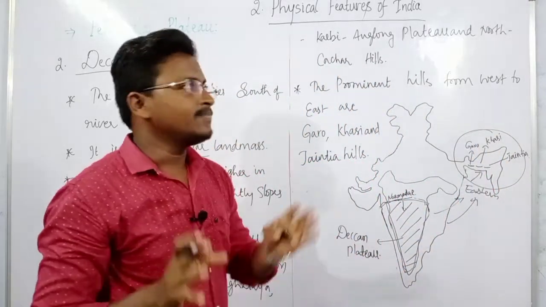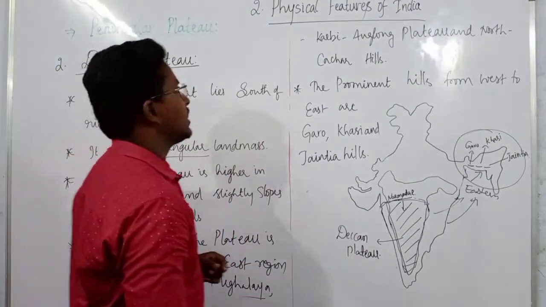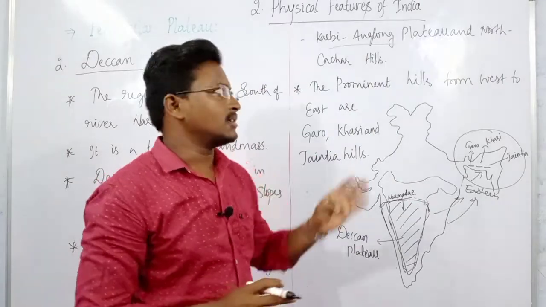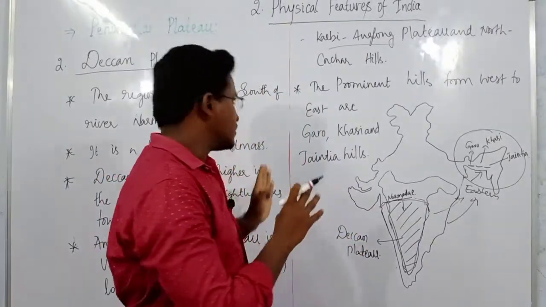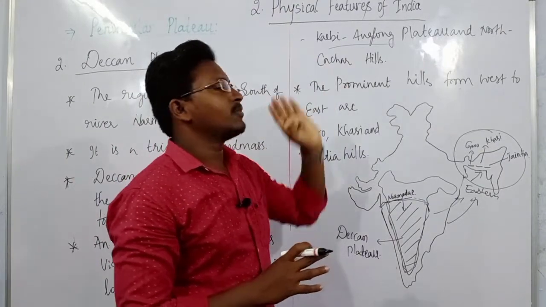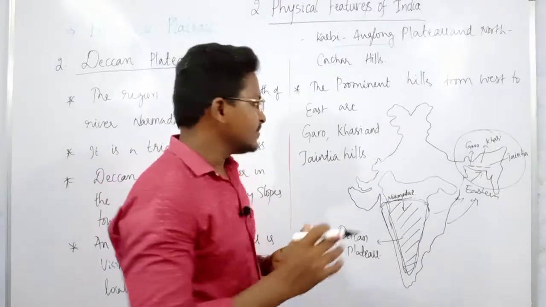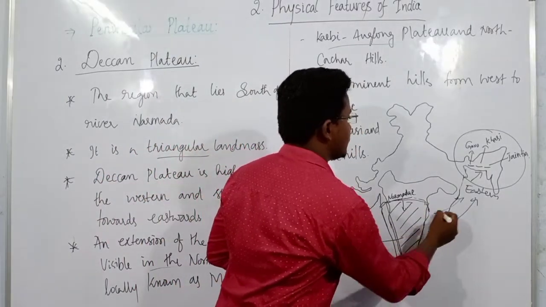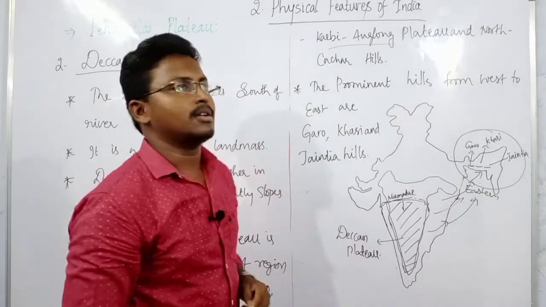Locally in this northeastern region they call it the Meghalaya or Karbi Anglong Plateau, or sometimes the North Kachar Hills. All these hills, Karbi Anglong Plateau, North Kachar Hills, as well as the Meghalaya Hills, are extensions of the Deccan Plateau itself towards the northeastern part of the country.